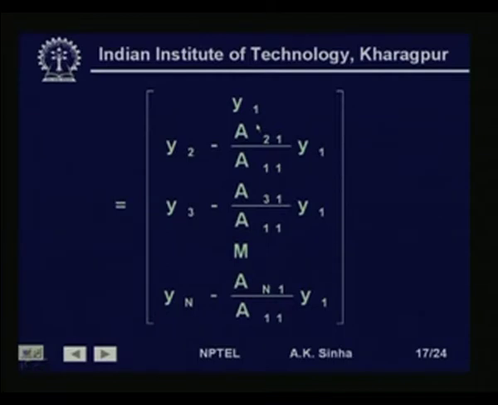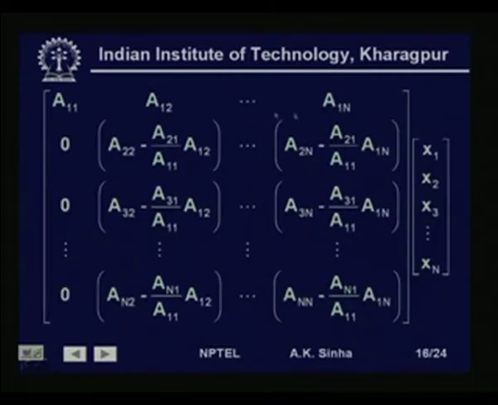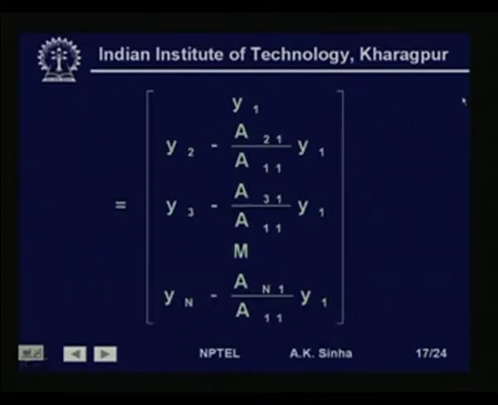When we are doing this, of course, we are also doing the same multiplication and subtraction for y. So y2 becomes y2 minus A21 by A11 into y1, y3 becomes y3 minus A31 by A11 into y1, and so on up to yn minus An1 by A11 into y1. So the column vector y of the known variables is also getting modified in the same way.